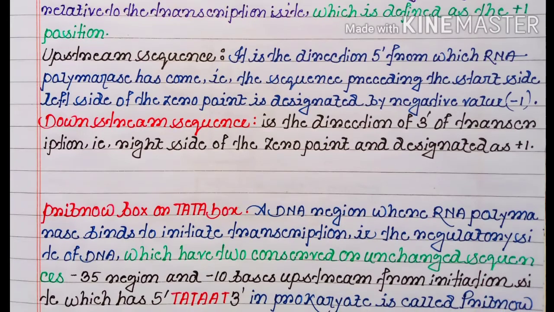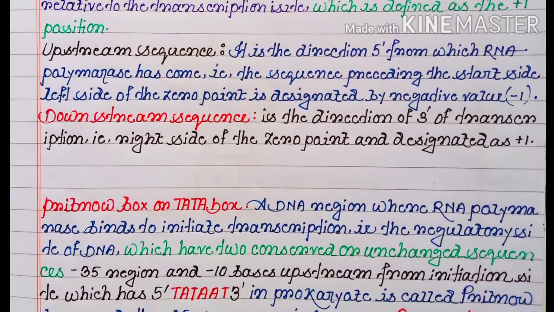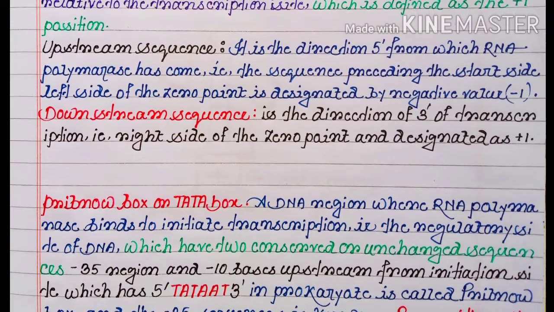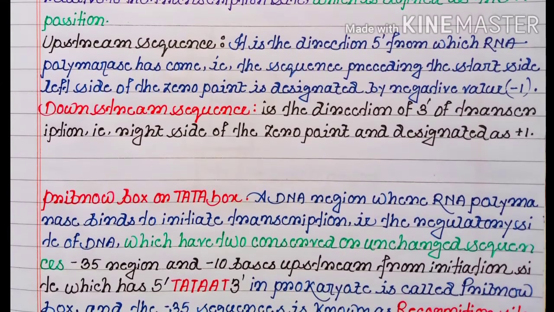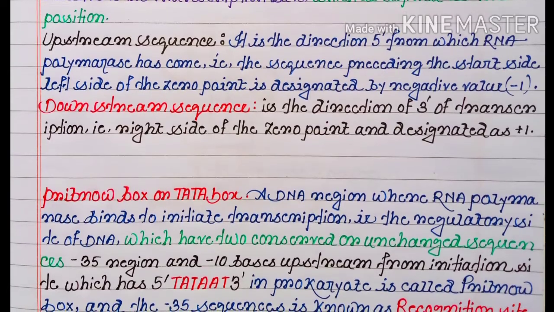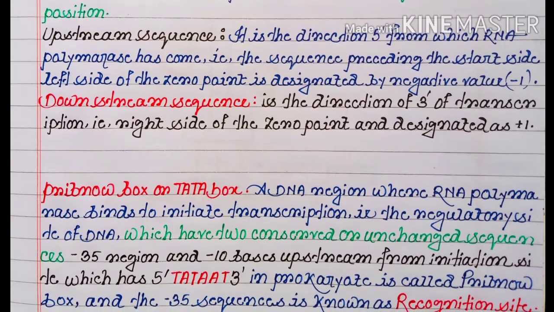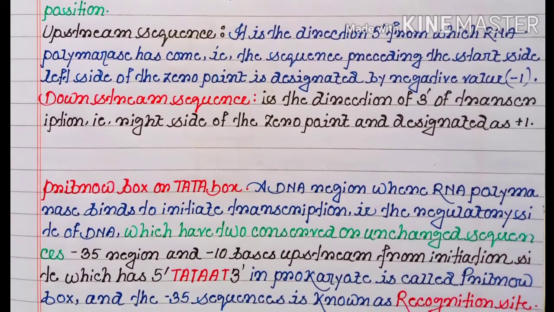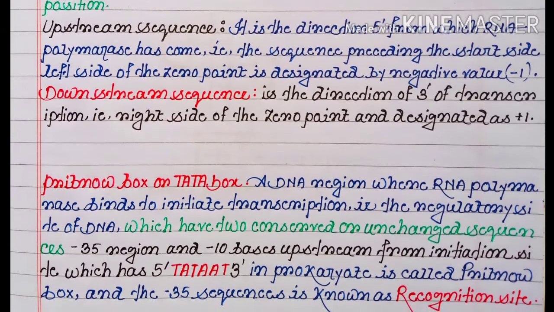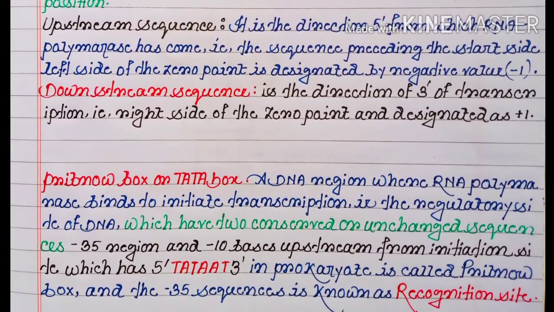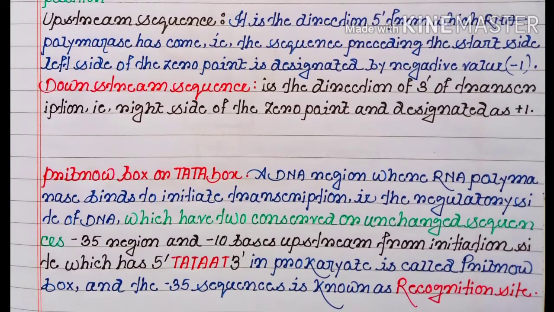Next, the Pribnow box or TATA box, a DNA region where RNA polymerase binds to initiate transcription. It is the regulatory site of DNA which has two conserved or unchanged sequences, the -35 region and the -10 region upstream from the initiation site.